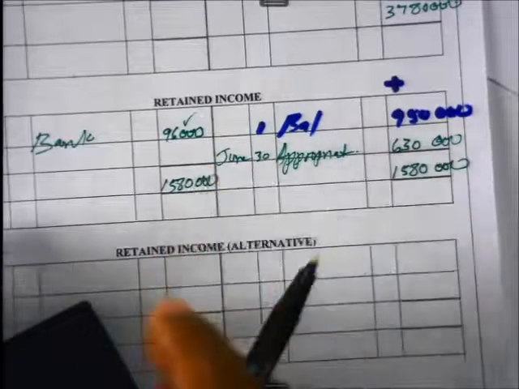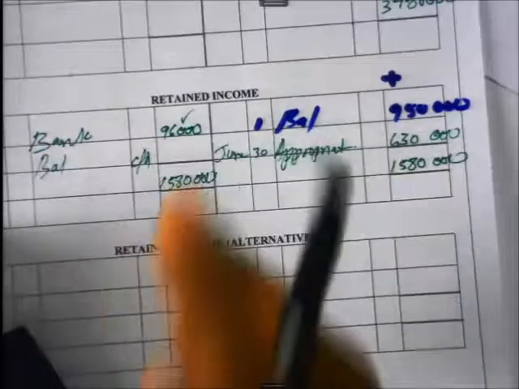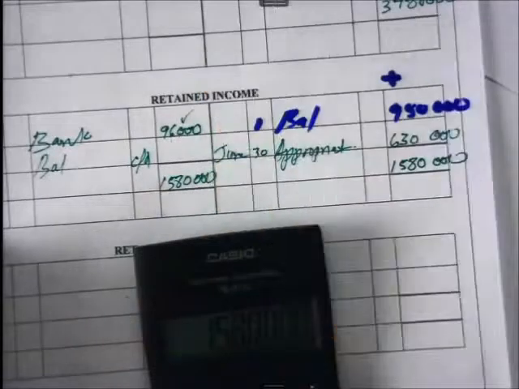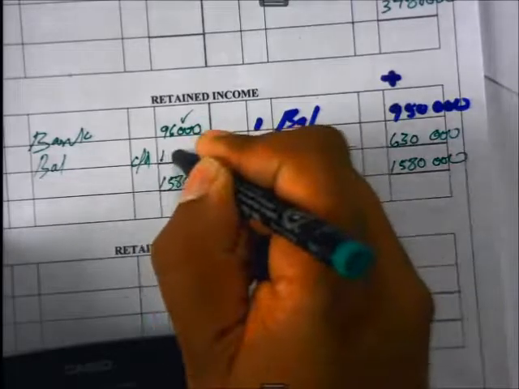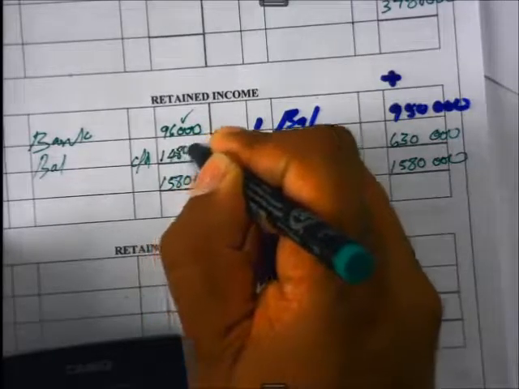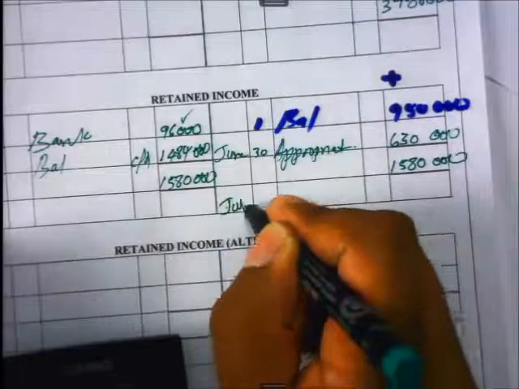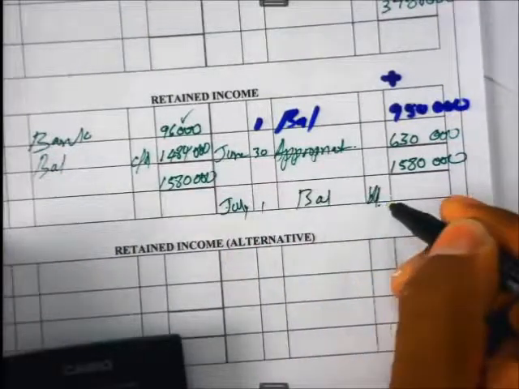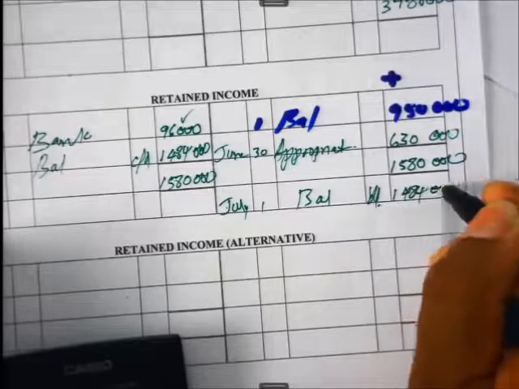In order to get the balance carried down, we say 1,580,000 minus 96,000 gives us a balance carried down of 1,484,000, which will be on July 1 your balance brought down of 1,484,000.